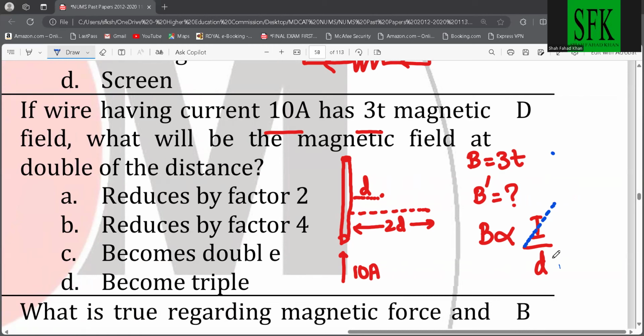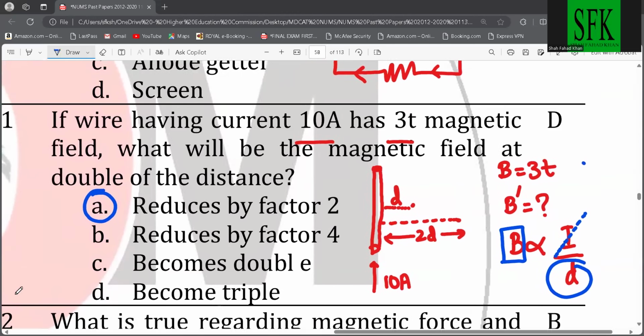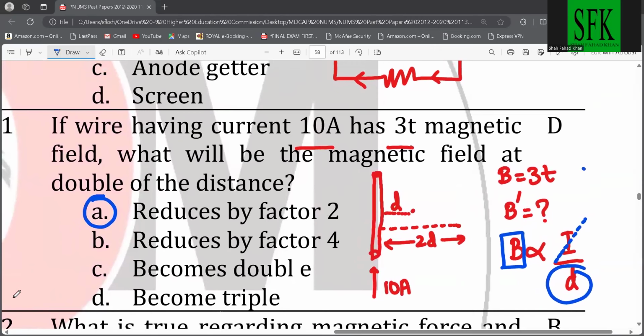Just looking at the distance. Now they are saying that the distance has doubled, right? Distance double हो जाएगा तो B क्या हो जाएगा? क्योंकि inverse relation है, B is gonna become half. So it reduces by a factor of 2. Get it? It's gonna become 3T upon 2.